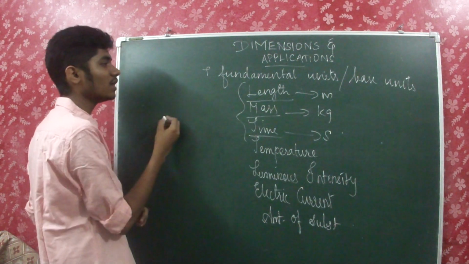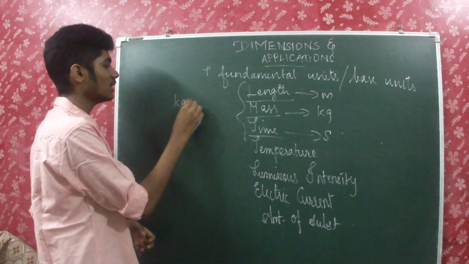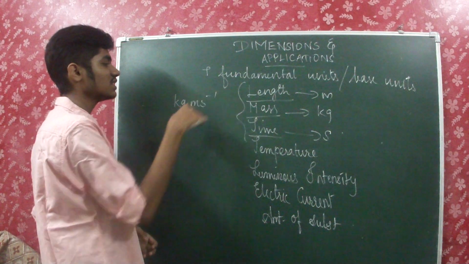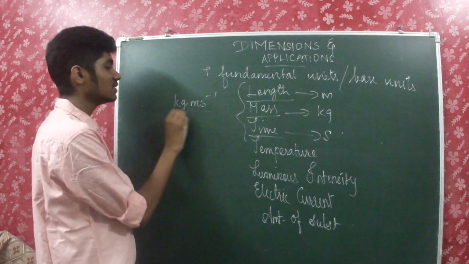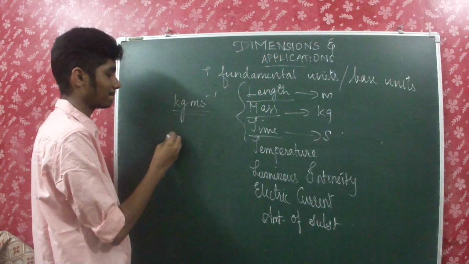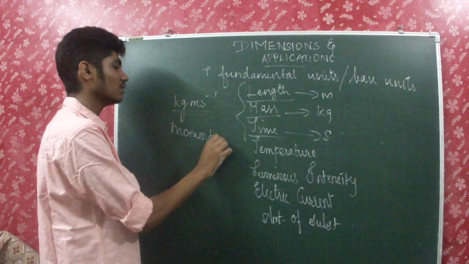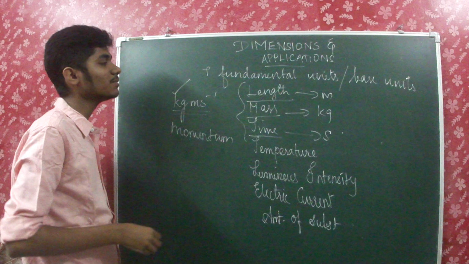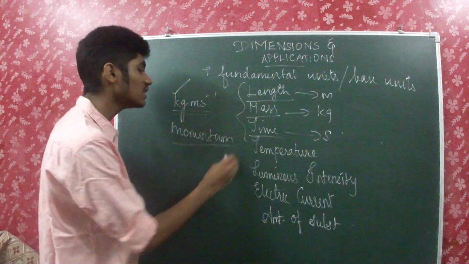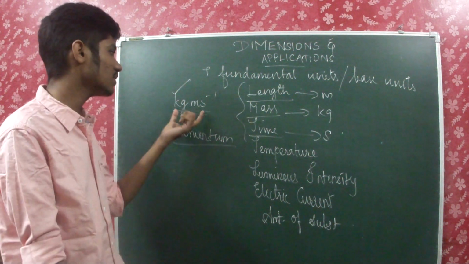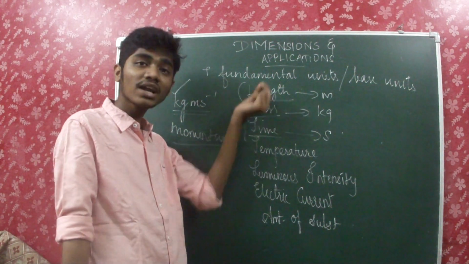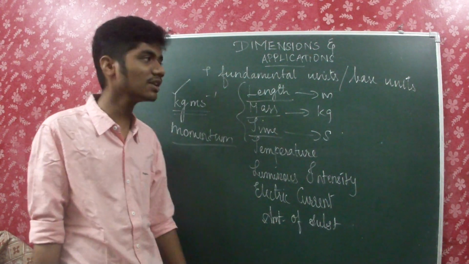If you put them together, you can get one physical quantity's unit, that is kg m s power minus 1. That is nothing but the unit for momentum. Am I right? So the unit for momentum is kg m s power minus 1. This is a derived physical quantity, because we have derived this unit from the fundamental units.